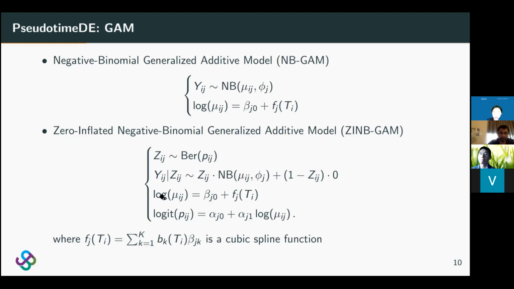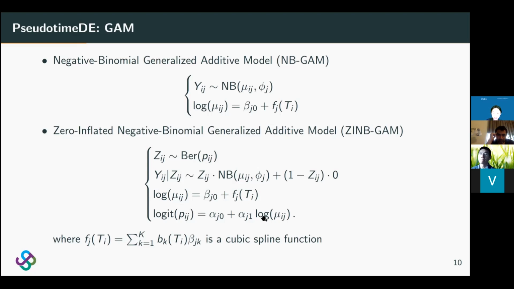Then again, we assume that the NB mean on the log scale is this generalized additive function of pseudotime Ti. For the probability of being on, we consider a logit transformation, just as in the logistic regression formulation. But to make the problem simpler, we don't assume this logit has another nonlinear function itself.